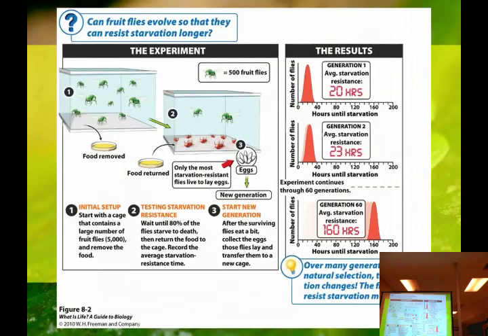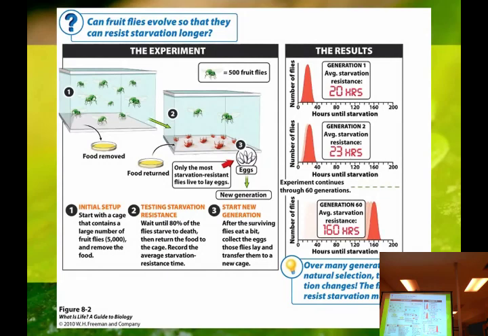So when we talked about our fruit fly experiment, where we wondered, can fruit flies evolve so that they can resist starvation longer, we found that after many generations, in this case 60 generations, with natural selection taking place, the population changes. And so the fruit flies that we have at the end of the experiment are very different than the fruit flies we had at the beginning.